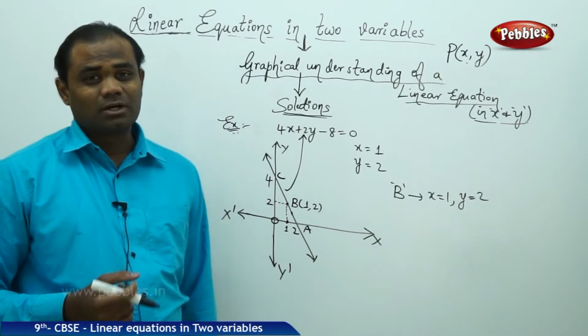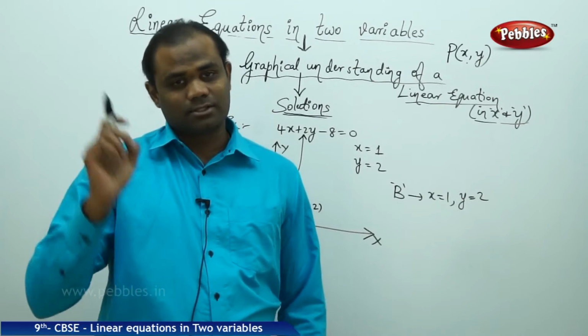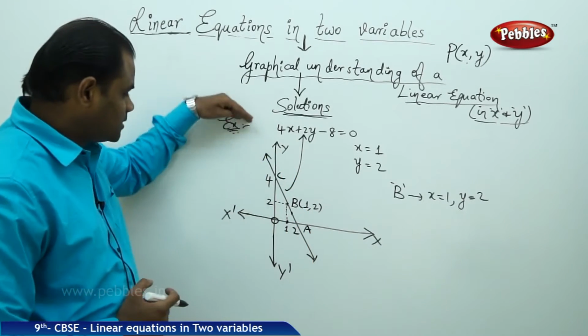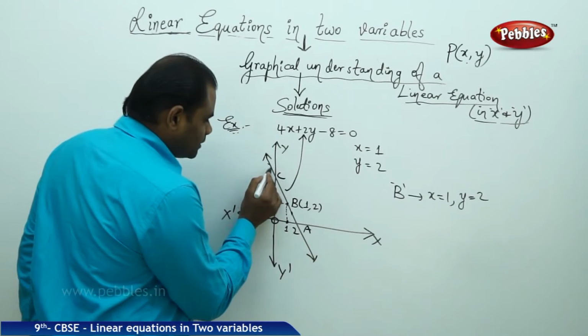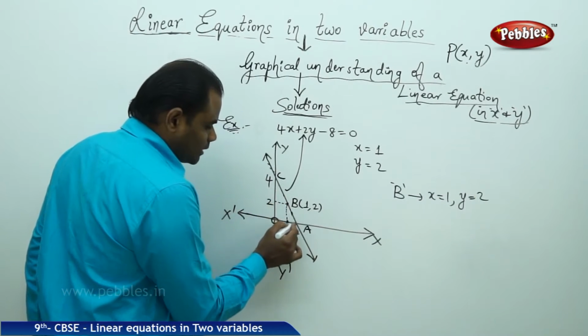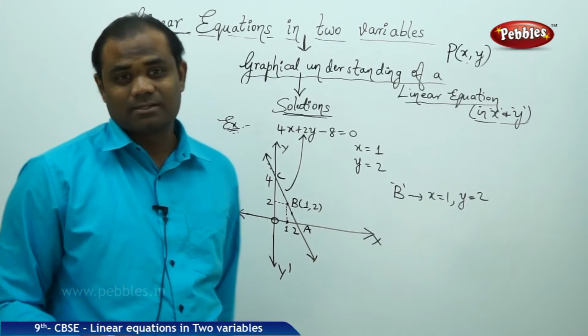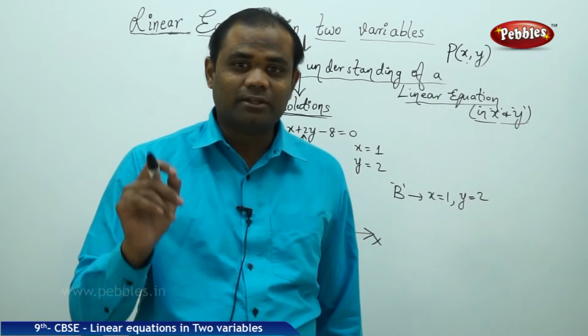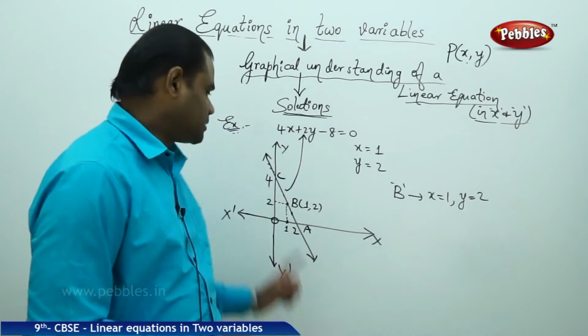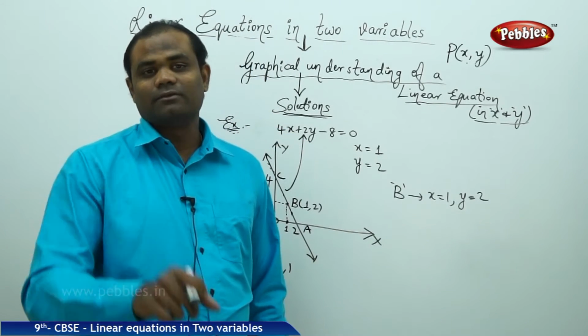Now imagine how many such points exist on the line. As we can see, there are infinitely many points which lie on this line, implies there are infinitely many values of x and y on this line which satisfy the given line.